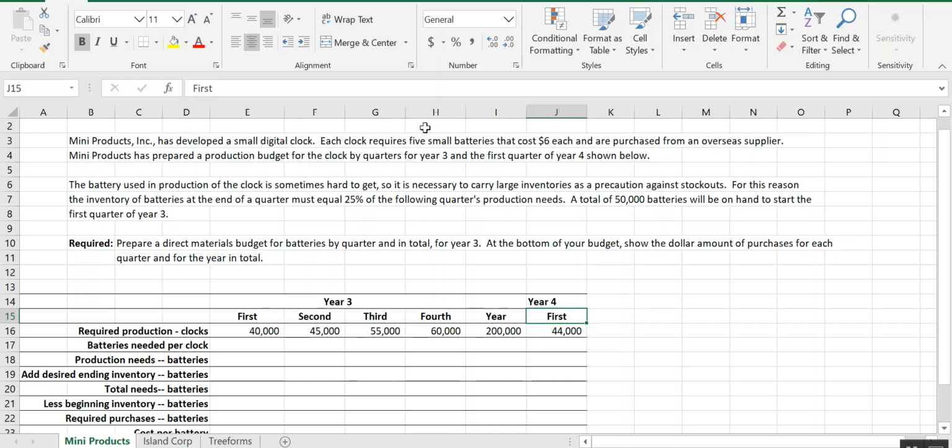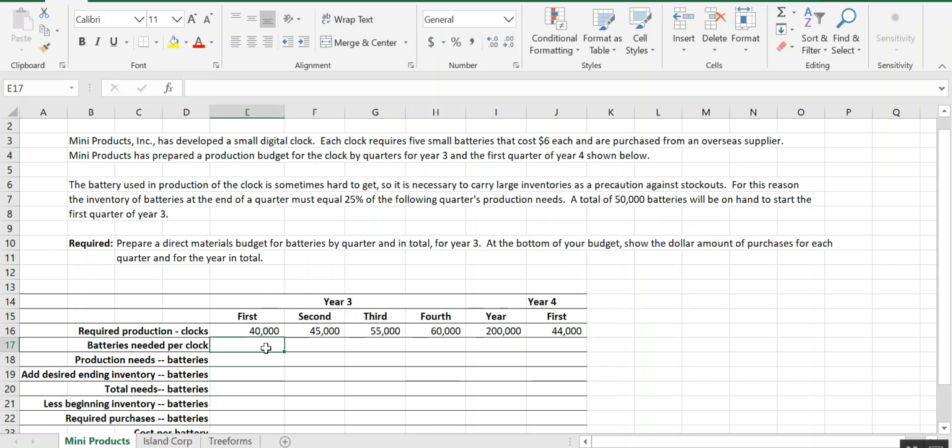So each clock takes 5 batteries. It costs $6 each. We need to have an ending inventory that's equal to 25% of the following quarter production needs. And we have a total of 50,000 batteries on hand to start the first quarter of year 3.